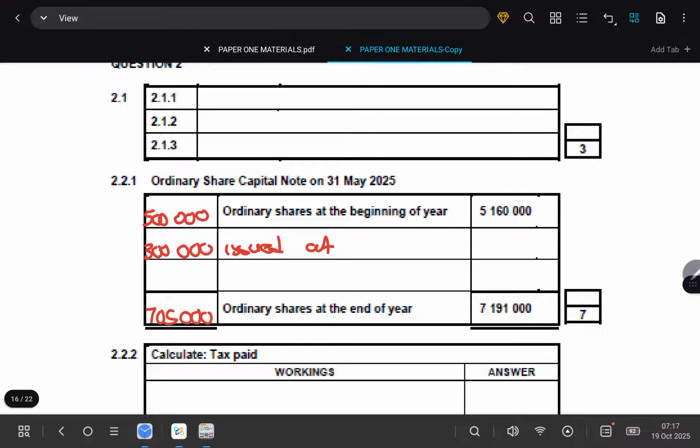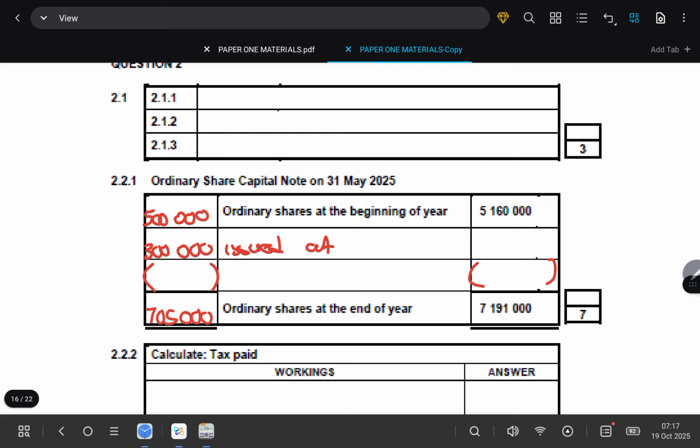Now, the problem here is that we don't know the amount at which they were issued, but we can check which condition we can apply to complete this note. When you look at this, you will realize that we can actually find out the number of shares that we repurchased, because that is the missing figure.